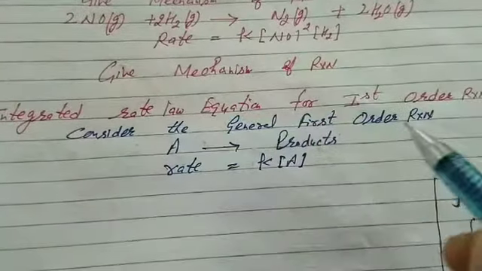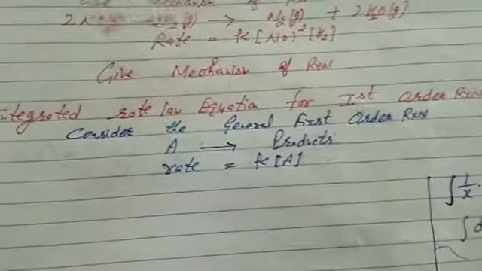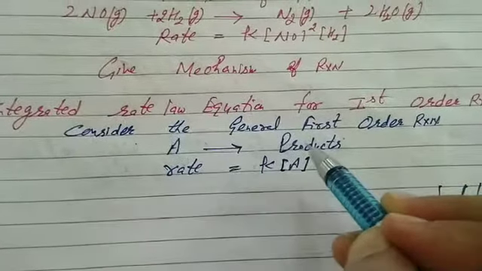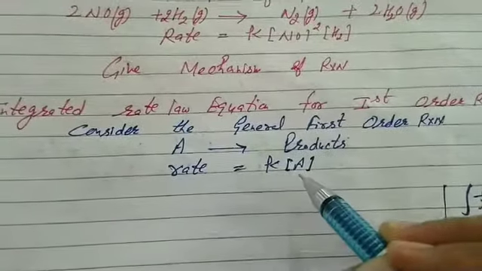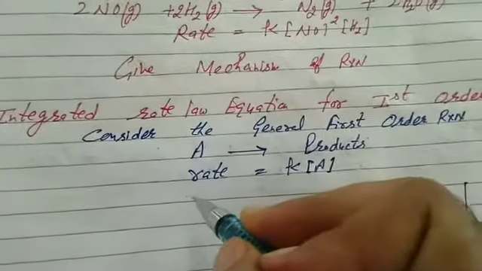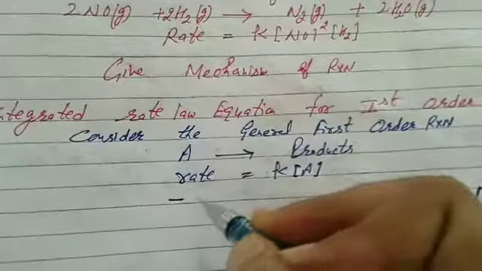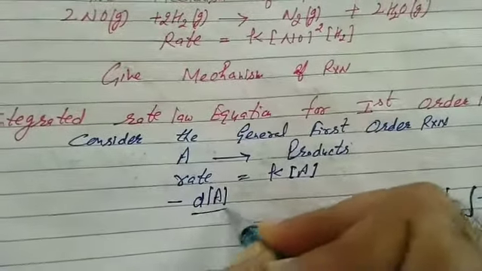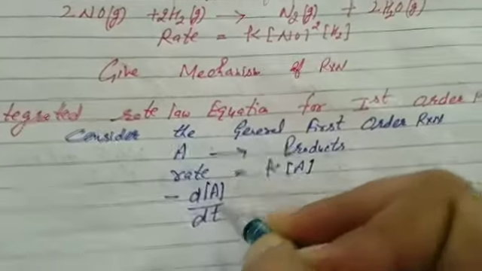Consider the general first order reaction. First order rate depends upon the power of one concentration term. That's the general reaction. Rate equal to K A. You already know, what is rate? Change in concentration of reactant with time. Concentration of reactant decreases, so we can write minus dA upon dt.